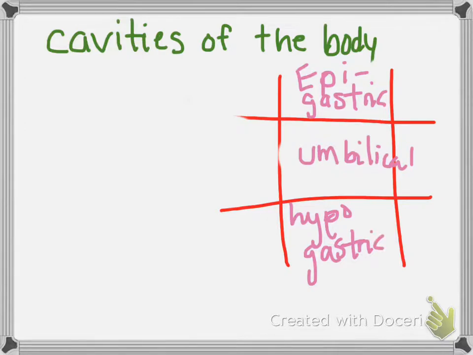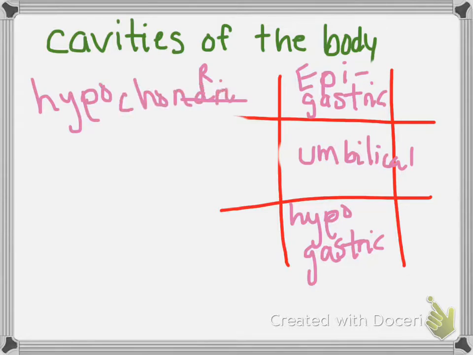Up here would be the right hypochondriac region. And over here would be the left. Again, we're looking at a patient laying down, so this would be their right side. It's not the way you're looking at the paper.